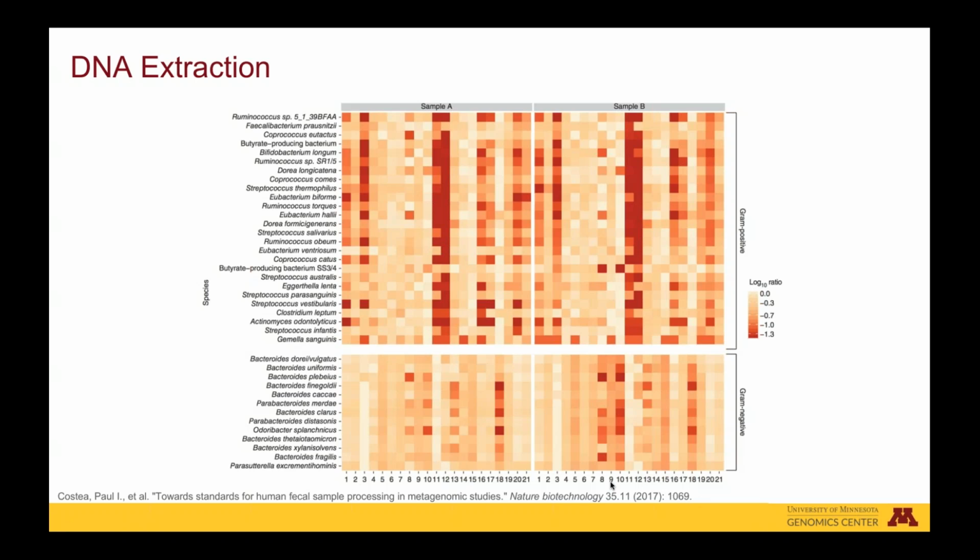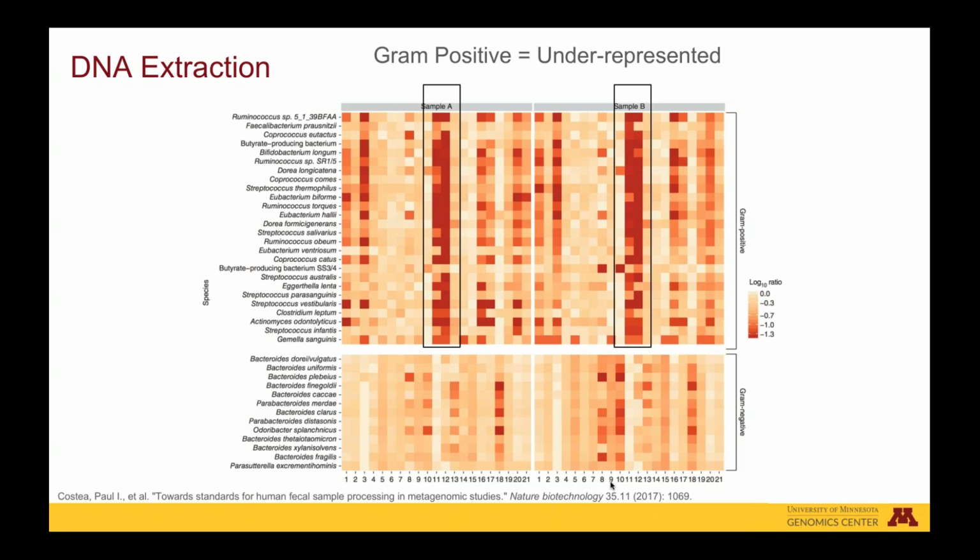And they're showing the relative abundance of those various bacterial species compared to the mean. And what they're showing here is significant variability in the representation of species by these different protocols. And in particular, gram-positive bacteria remain challenging and are heavily underestimated in abundance in many of these methods. So there's still a lot of work to be done here.